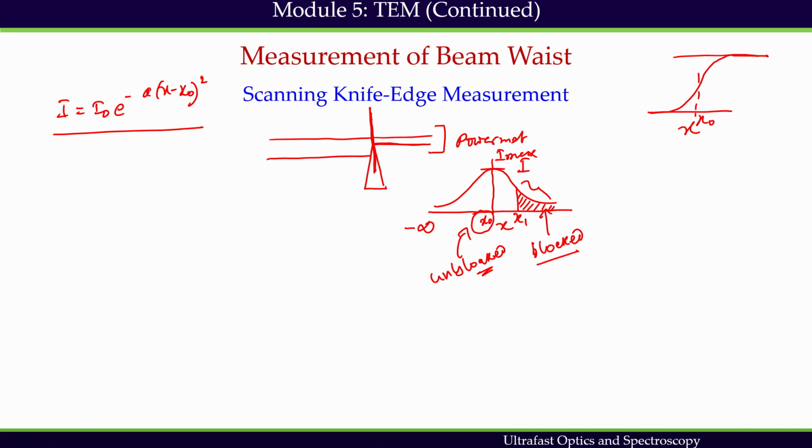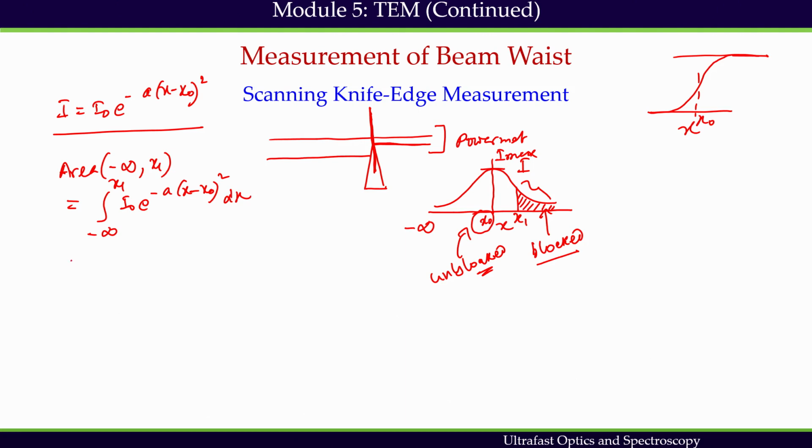The area under the unblocked portion, which is from minus infinity to x1, is given by the integral from minus infinity to x1 of I naught e to the power minus a (x minus x naught) square dx. That is the area.